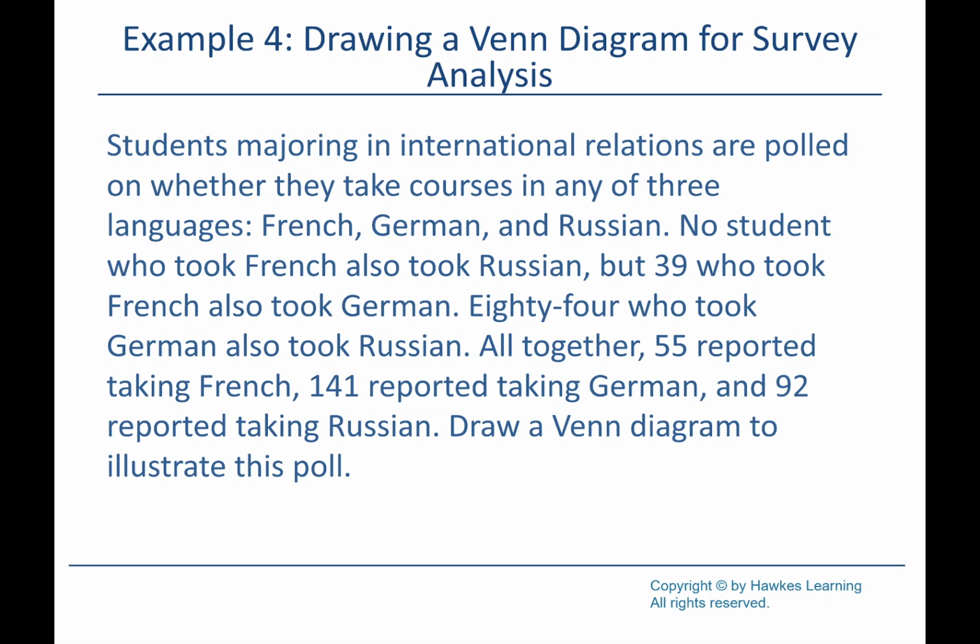So let's see. Does this one even tell us who took all 3? 84 altogether, 55 report taken French, 141. Okay, so we might not get to start right in the middle on this one.